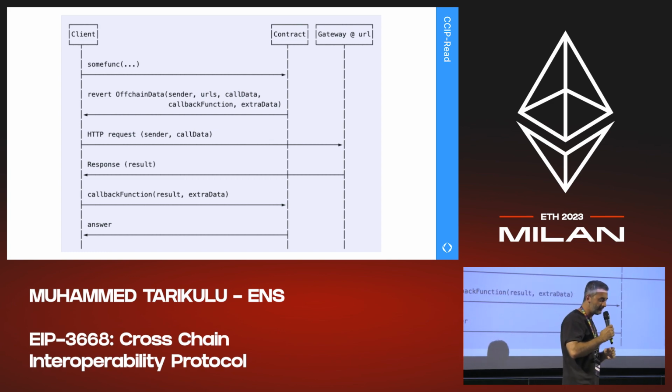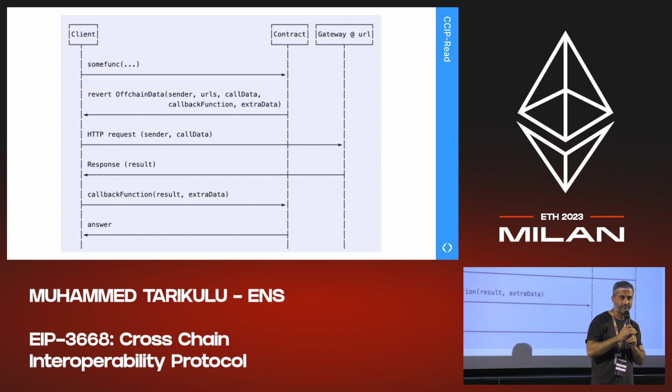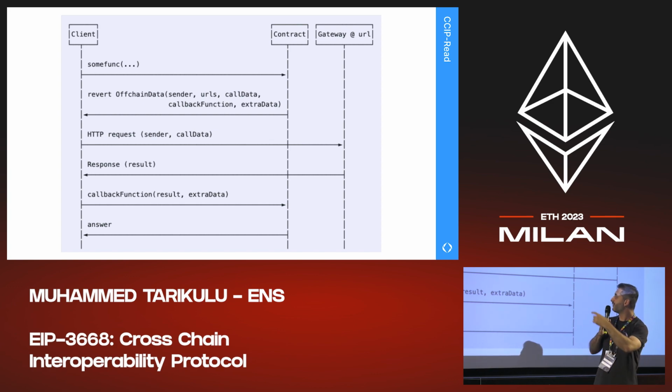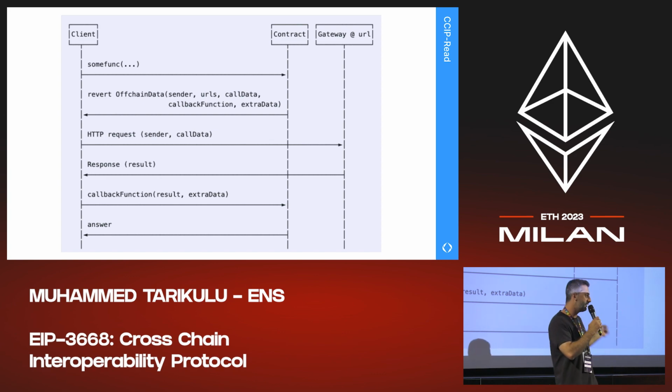But this result is opaque, so it's not transparent, which means the client still cannot understand this result. It returns the response to the callback function on the contract. After getting this result, the contract resolves that response back to you.